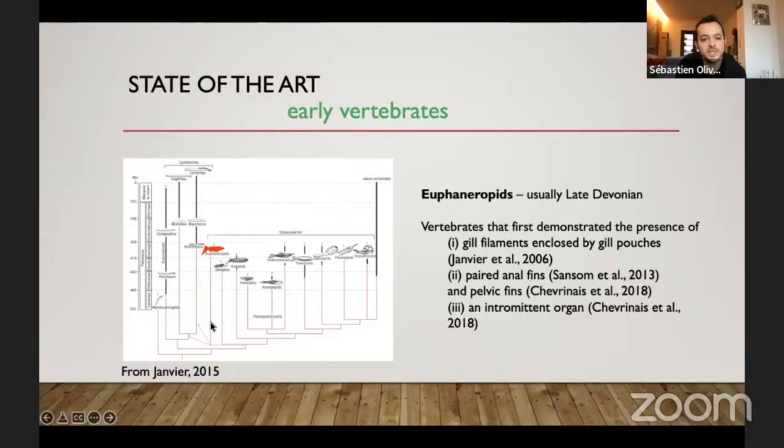Their phylogenetic position is not clear, as you can see here, but this is an interesting group since euphaneropids are the first vertebrates that demonstrate the presence of gill filaments enclosed by gill pouches, paired anal fins and pelvic fins, and also an intromittent organ that has been shown recently by Chevrier et al.